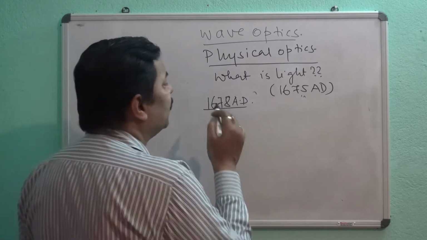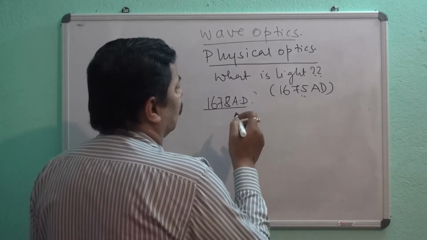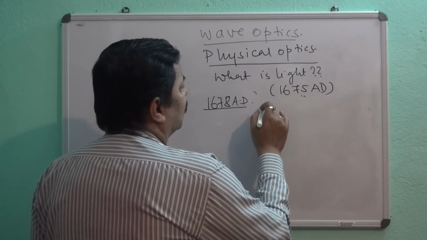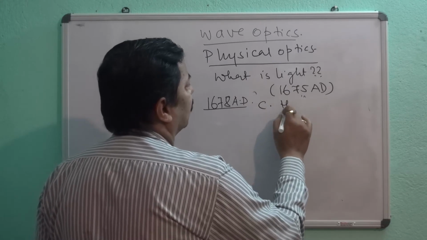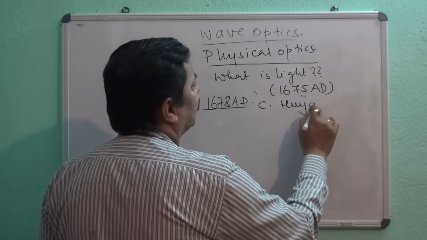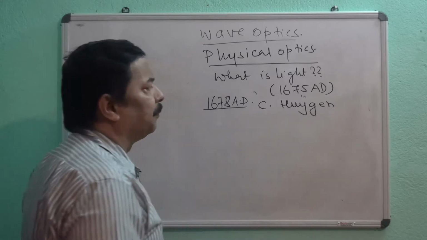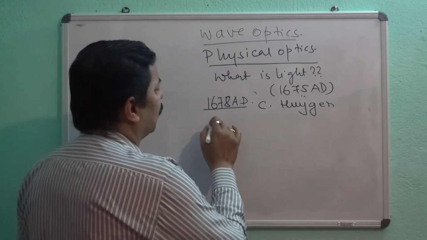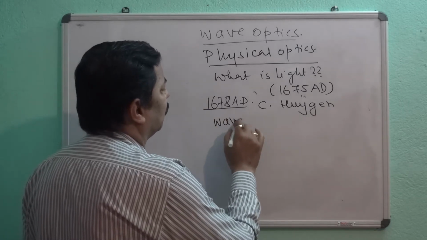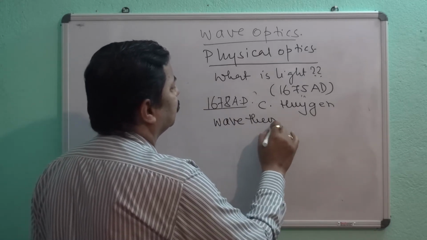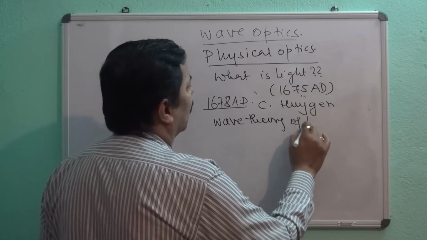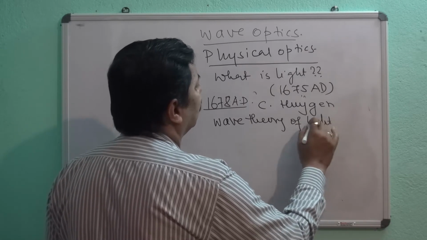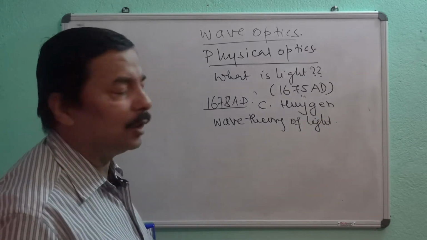So in 1678, the scientist was C. Huygens. C. Huygens gave the wave theory of light.